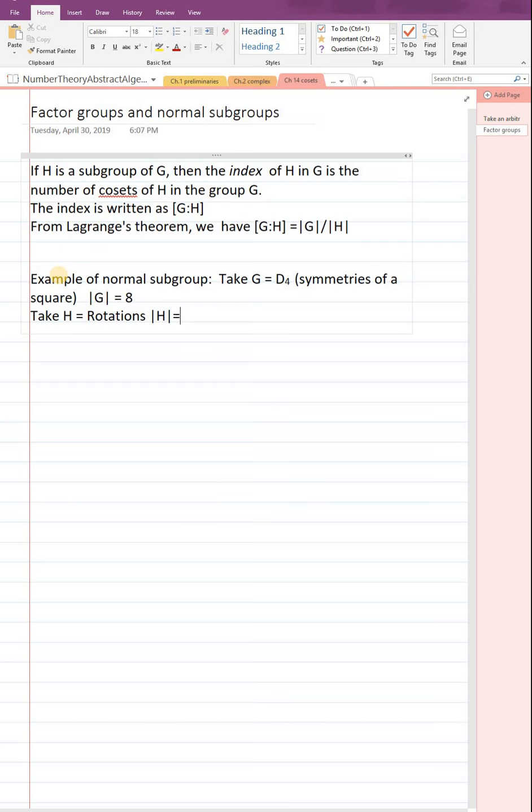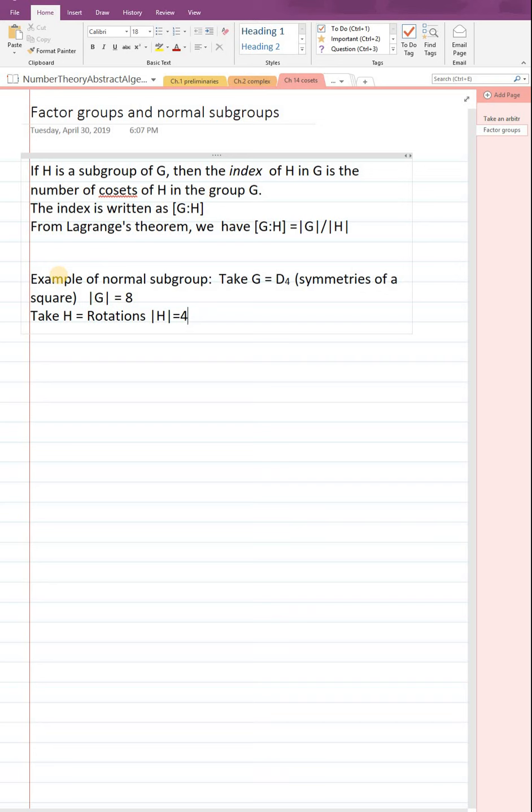Well, you have to think that a 270 rotation is the same as a backward 90. You don't want to double count. Let's start here. That's 1. So there are 4 rotations. The rotation group has order 4.